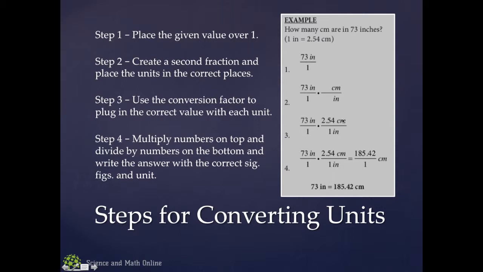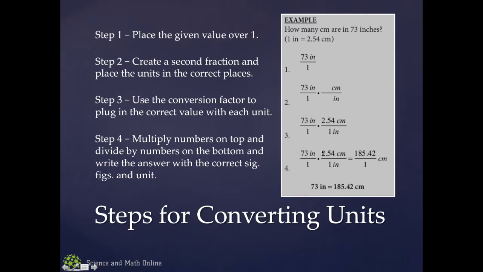Then I look at my conversion factor to get the numbers in the right place. So looking at my conversion factor, that's this thing right here. What number's in front of inches? 1. So I come down here, and the number I'm going to put in front of inches is 1. The number in front of centimeters is 2.54, so I'm going to put 2.54 in front of centimeters. And then I'm going to multiply by numbers on top and divide if they're on the bottom.